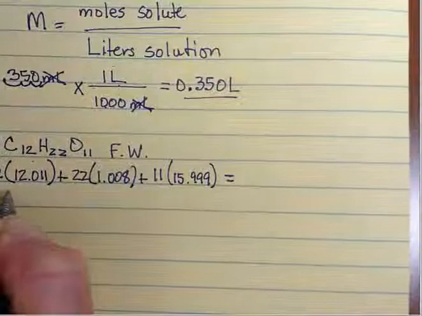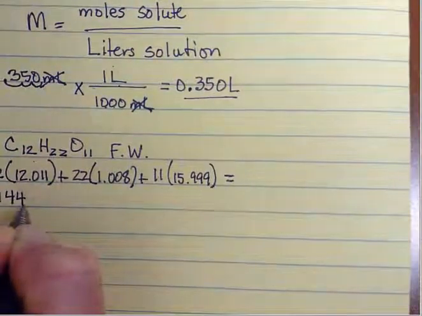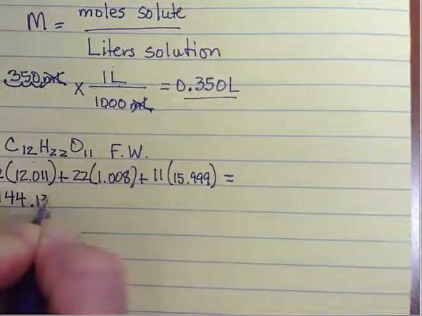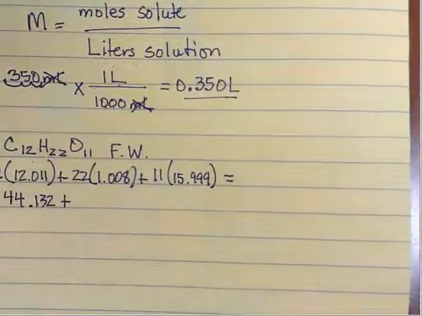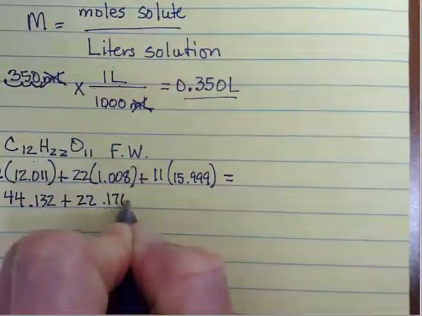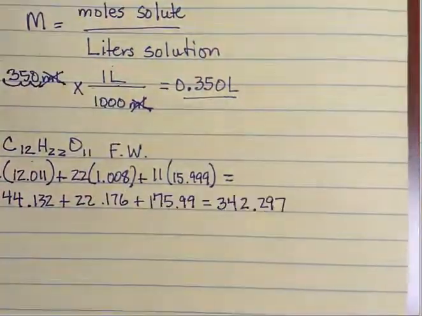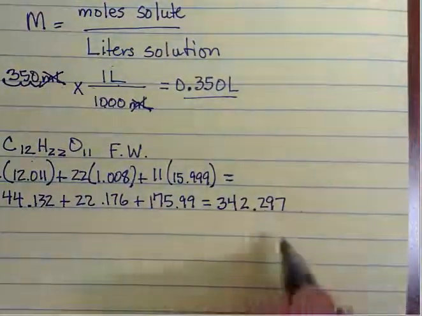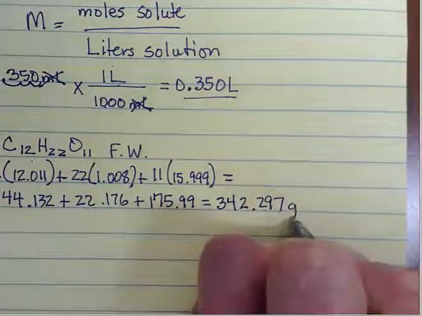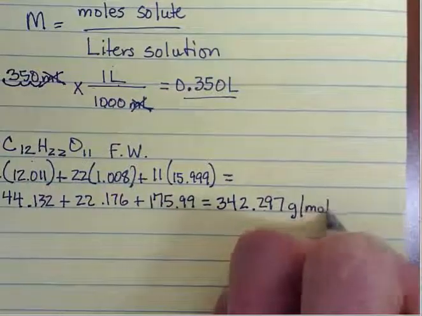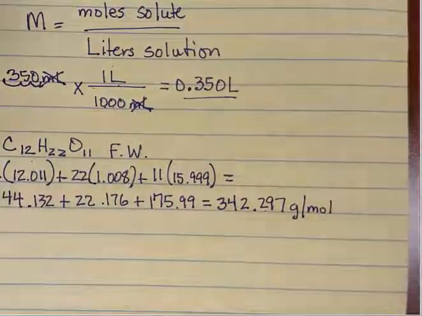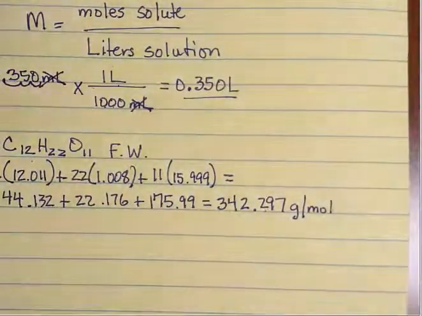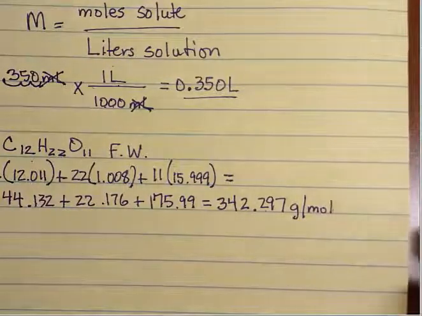So this component is 144.132 plus 22.176 plus 175.989, or 342.297 grams per mole. Right, so that's our molecular weight, or our formula weight for the sucrose molecule.